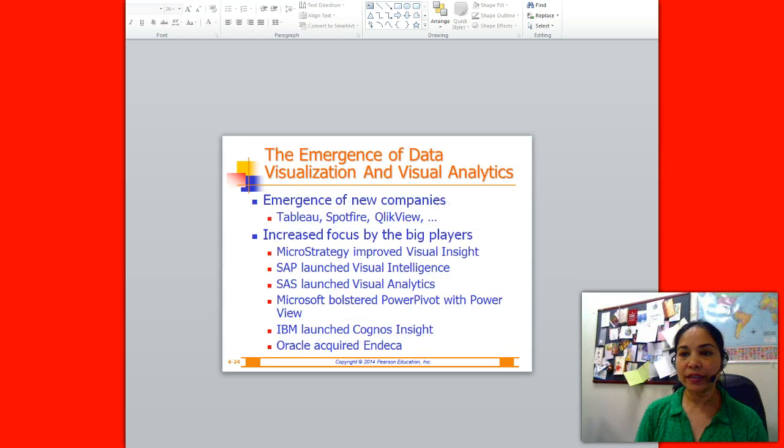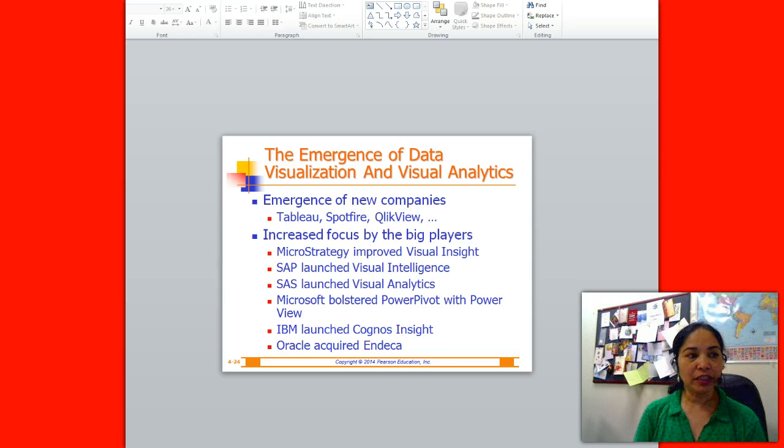Visual analytics is the combination of visualization and predictive analytics. Increasing demand for visual analytics coupled with fast growing data volumes led to exponential growth in highly efficient visualization systems investment.